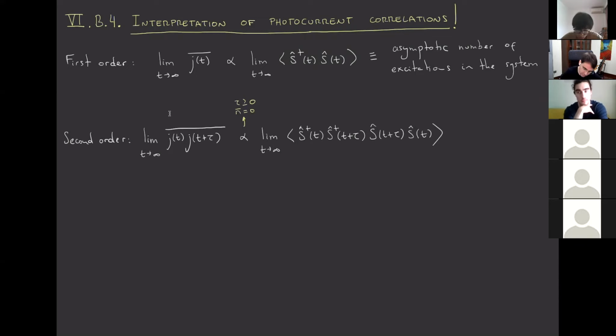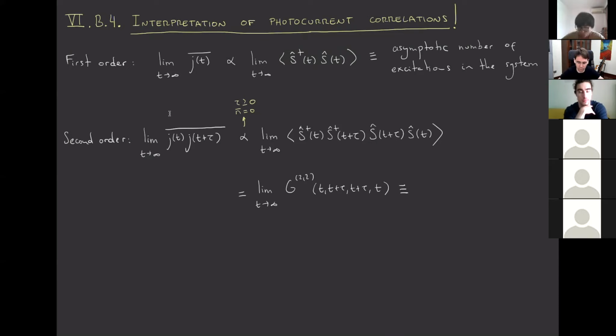Then this thing in here is what we have called, in the previous definition of correlation functions, the G2 of times t, t plus tau, t plus tau, t. Okay? And because we are going to use it for the rest of the lecture, I will give a name to this specific correlation function.